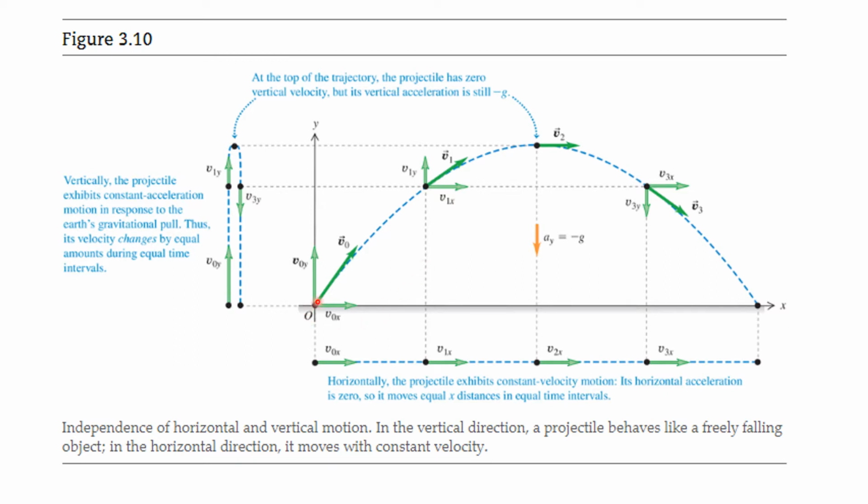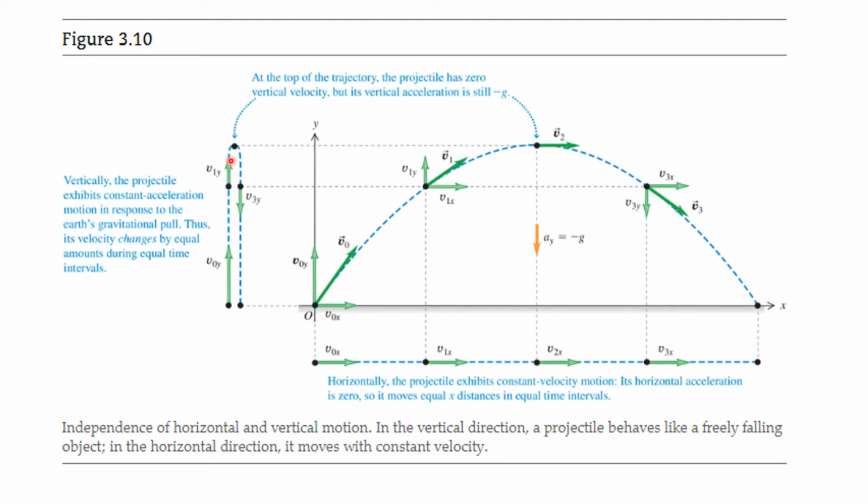So the path looks like this. Again, it's a vector. We have components, and what's really happening in the y direction is it goes up and it goes down. The initial component of the velocity in the y direction is going up.